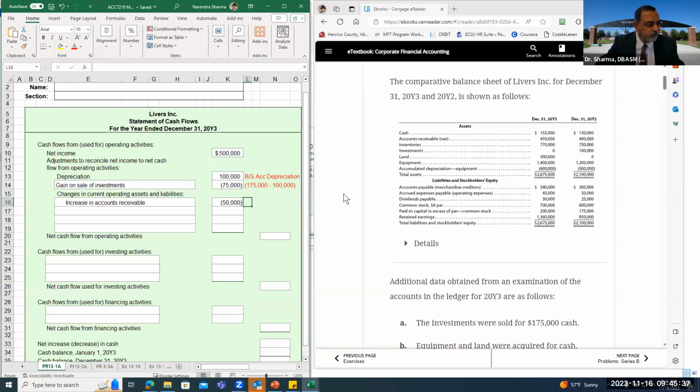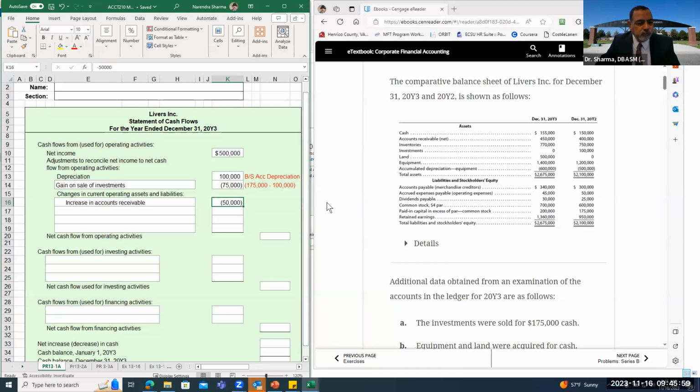The rule is that an increase in current liabilities and a decrease in current assets will be added, and the other way is also true. An increase in current assets and a decrease in current liabilities will be deducted. So this is a deduction amount, and that's why I'm putting it as a minus figure.